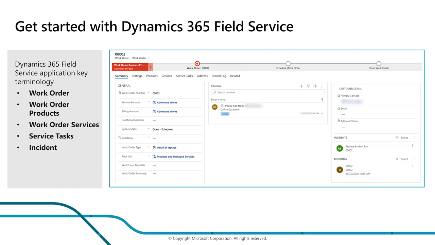And then we have service tasks. This sort of acts as a to-do list for the field technician who will be performing the work. It ensures that they're not missing anything during the process. For example, if we think of installing a washing machine, which is I think a really great example, we could put things like connect the plug into the electricity and turn it on, confirm that the washing machine turns on.